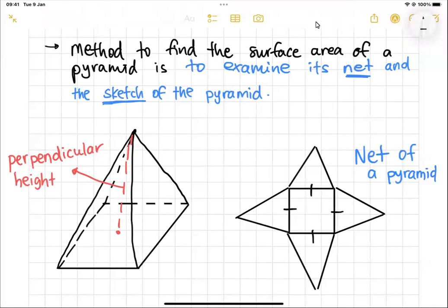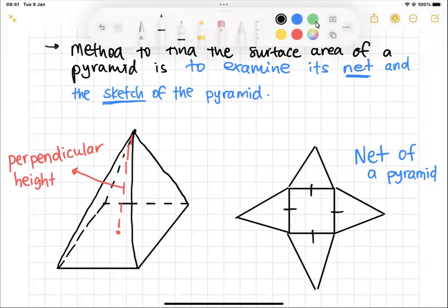This is called the perpendicular height. This will be very important for you to understand what the height or the perpendicular height of a pyramid is. It starts off from the apex, which is right at the top here, down towards the base. Okay, so hopefully that makes sense to what a perpendicular height is.